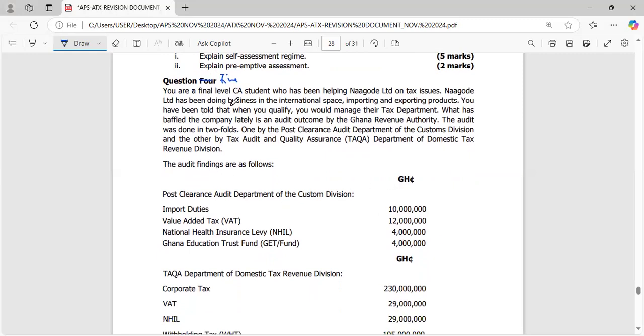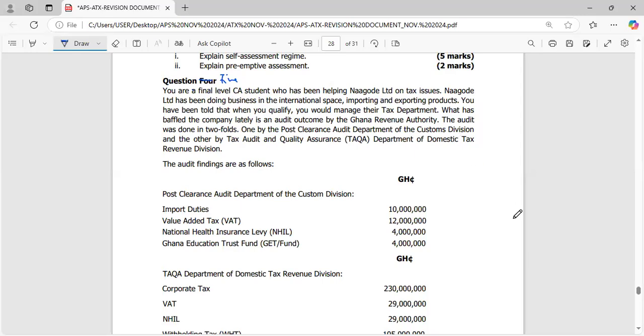You are a final level CA student who has been helping Nagode Limited on tax issues. Nagode Limited has been doing business in the international space, importing and exporting products. You have been told that when you qualify, you would manage their tax department.